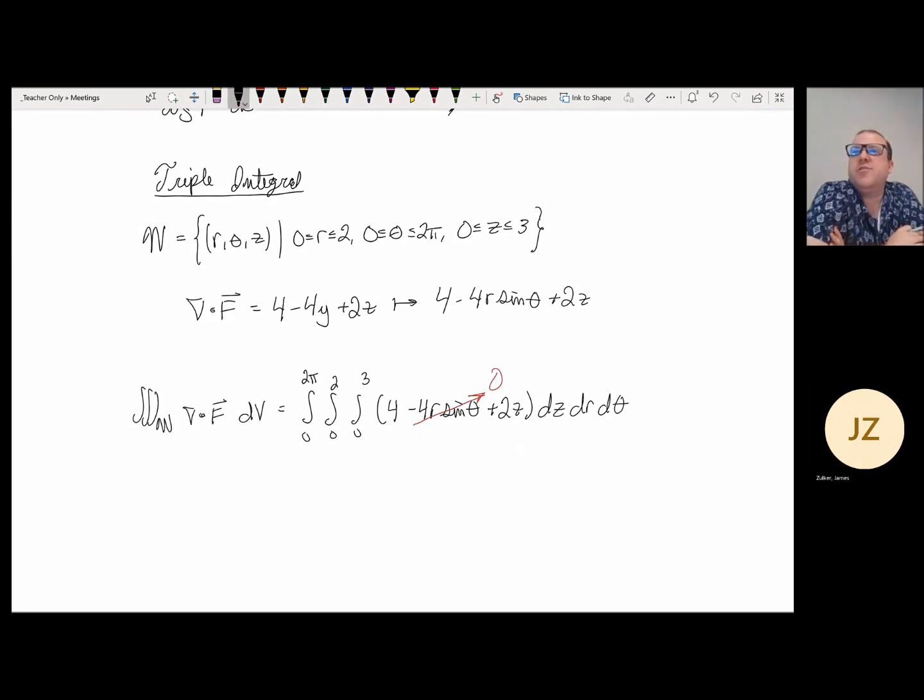That middle term integrates to 0, because r is not a function of theta. So I can just switch this order willy-nilly.